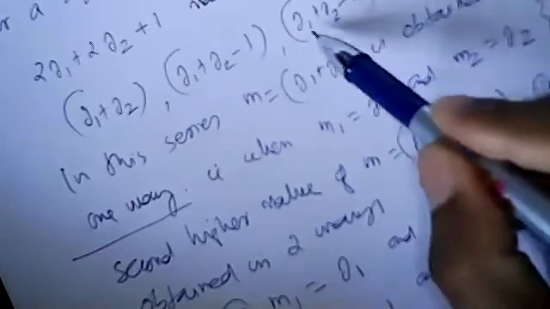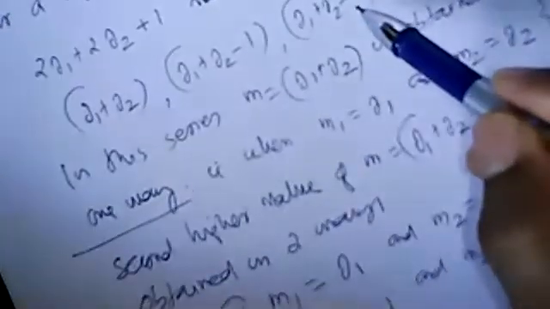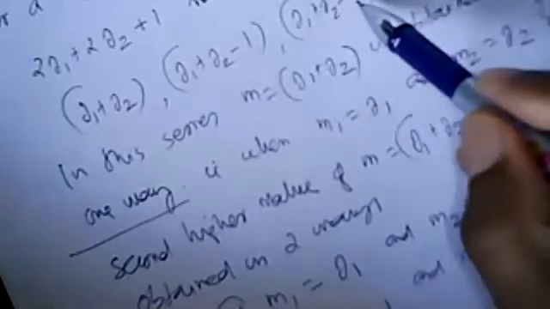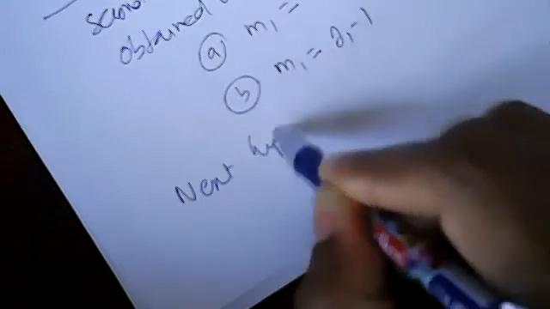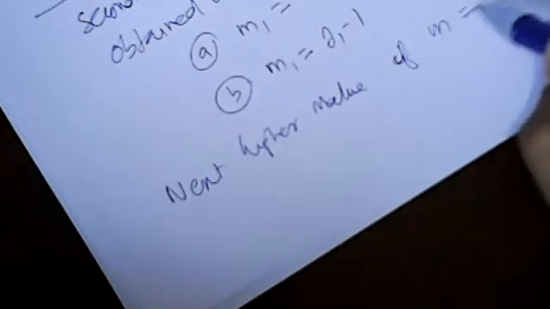Now what is the next higher value? J1 plus J2 minus 1, sorry, minus 2. The next higher value of M is J1 plus J2 minus 2.